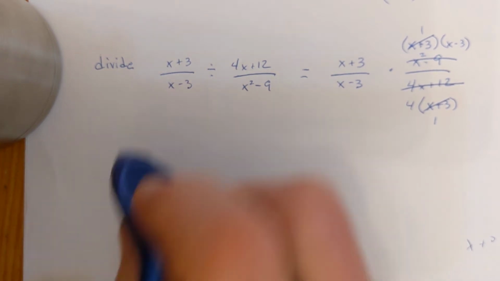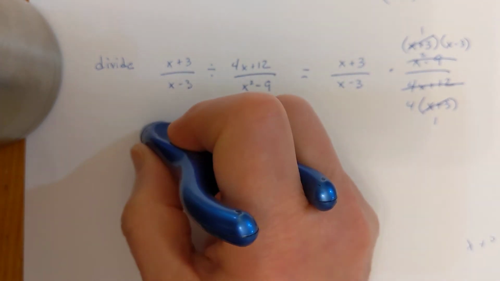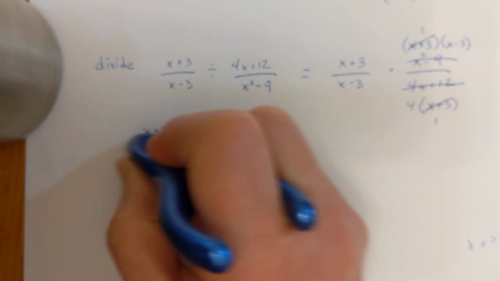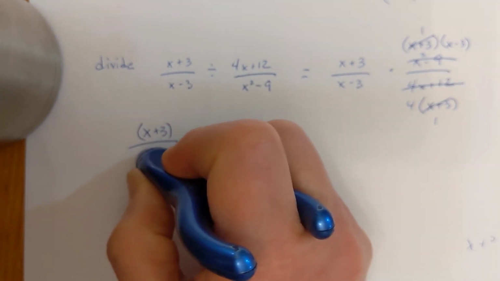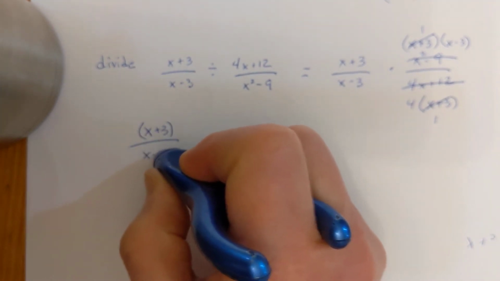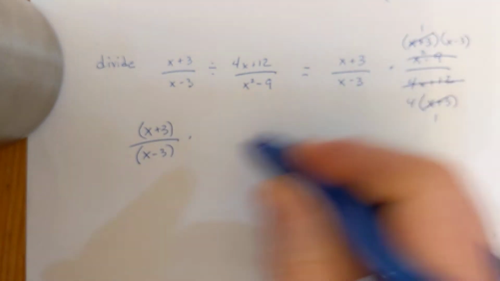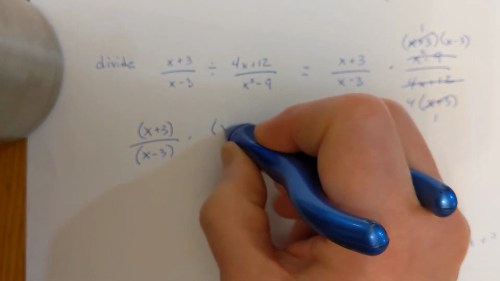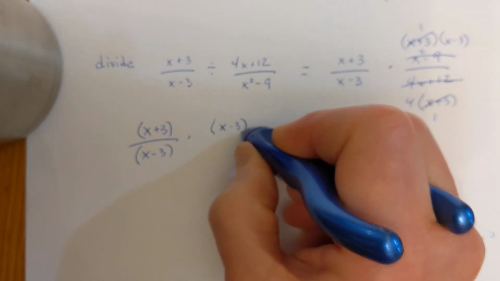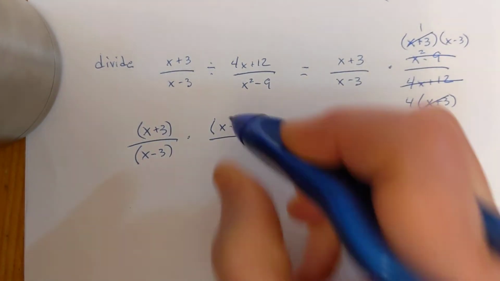It's a little messy, so I'm going to rewrite it. X plus 3, I'm going to put in parentheses over x minus 3, also in parentheses, times 1 I don't have to write down. I'm going to write down x minus 3 over 4.